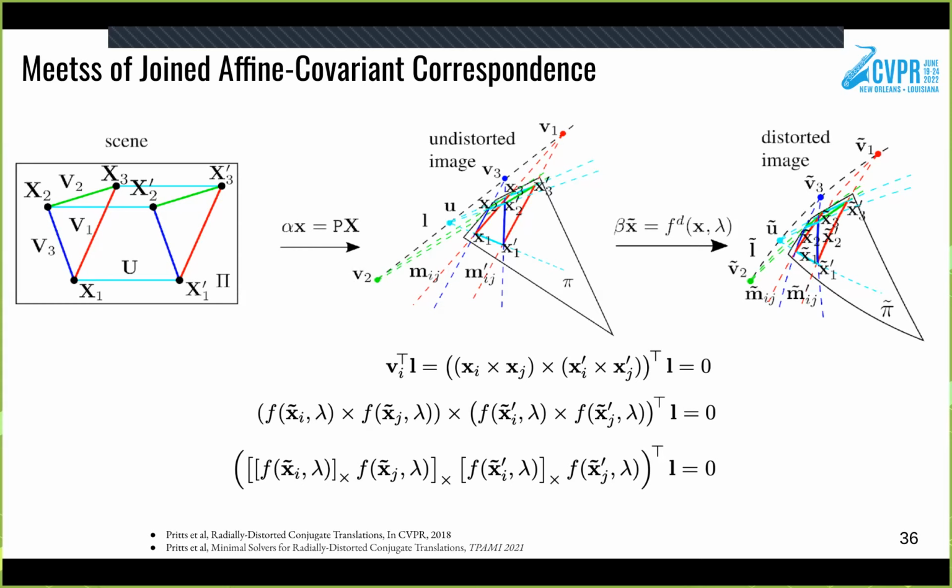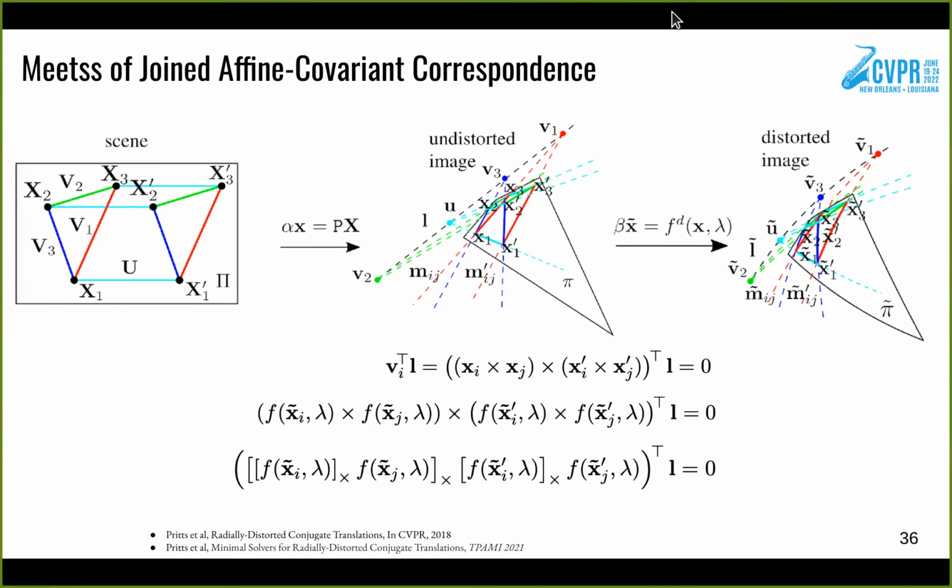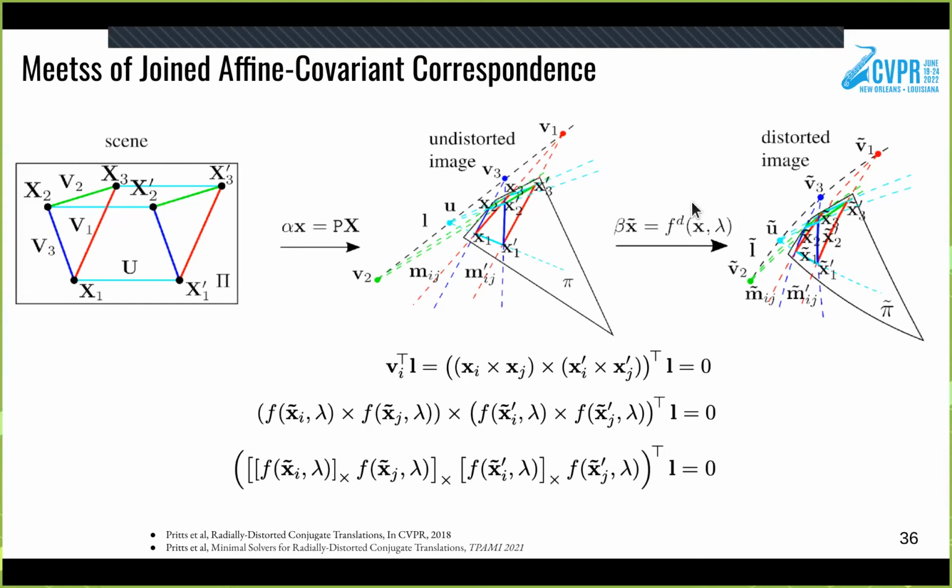So this is a 3 by 3 matrix. The vanishing line, you have 3 constraints, it's the determinant of a 3 by 3, yes.